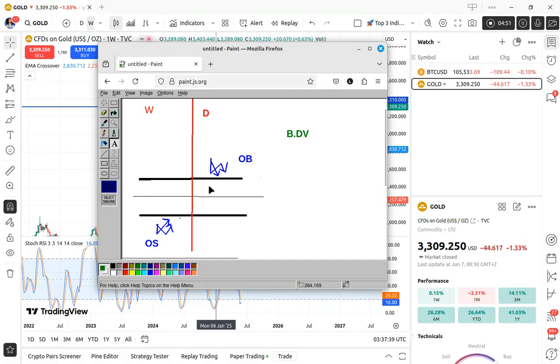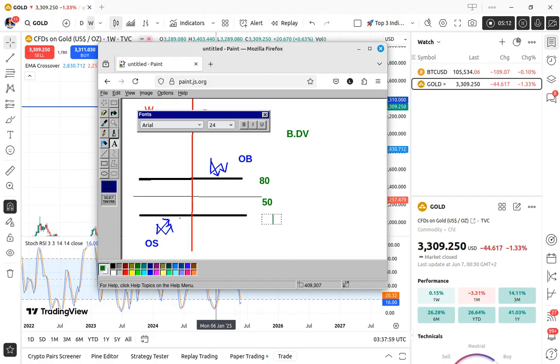So this strategy is called a bullish divergence. The indicator we're using is called the stochastic. All right, so let's put some numbers here. This is 80, this is 50. So we have 80 here, 50 here, and then we have 20 there.